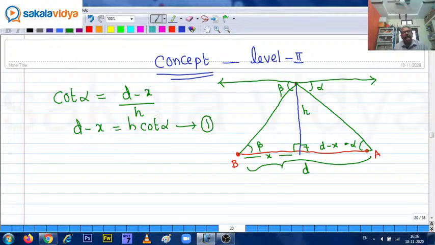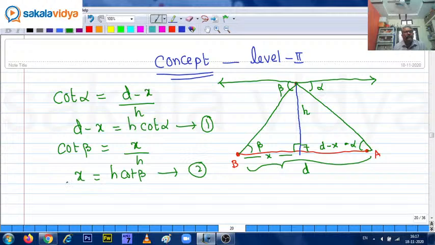Say equation 1. From this triangle define cot beta. Cot beta is equal to this x upon h. X is equal to h cot beta. Say 2. So from 1 and 2, d minus h cot beta equals h cot alpha.